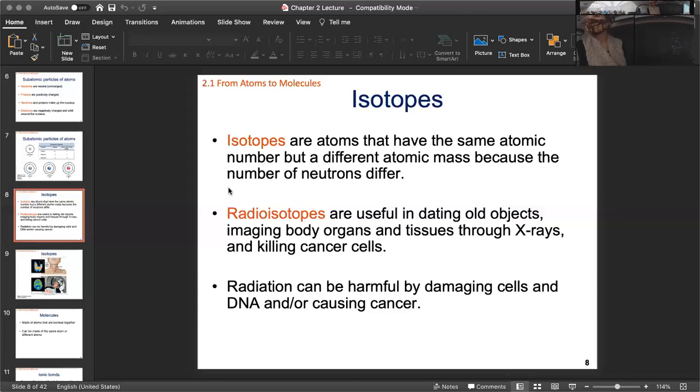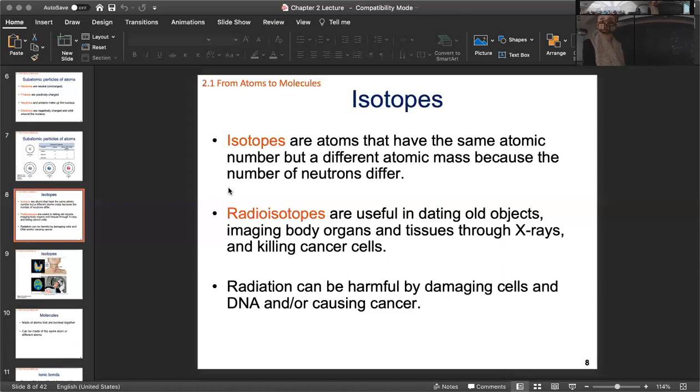You've probably heard of somebody going to have radiation if they have cancer. And it says radiation can be harmful because it damages cells and or DNA that is or is not causing cancer. So that's also why somebody who's going through radiation may be a little different than normal, maybe a little bit more sick, maybe losing some of their hair, maybe a little bit frail skin, things like that.